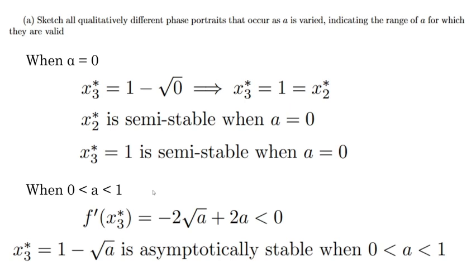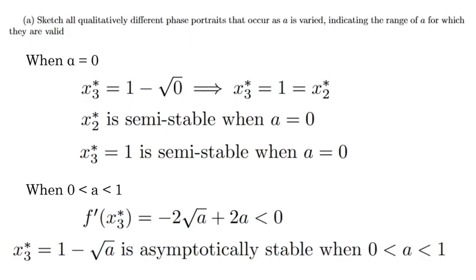When a is equal to 0, we get 1 minus 0, which is 1, which is the same as x2. And we found that when x2 is equal to 1, it's semi-stable, and therefore x3 is also semi-stable when a is equal to 0.